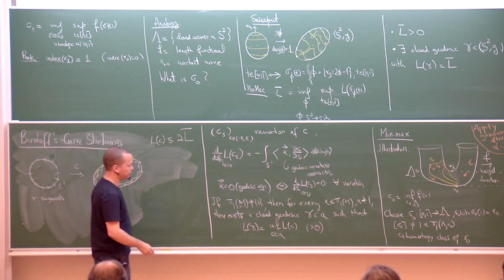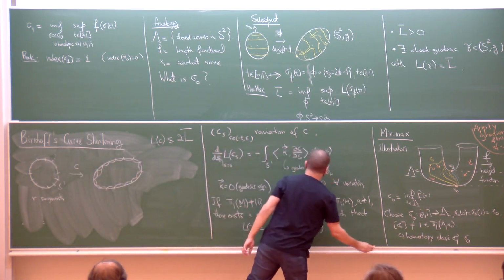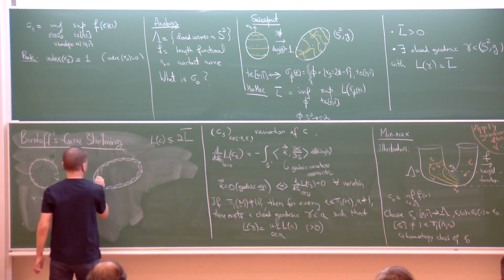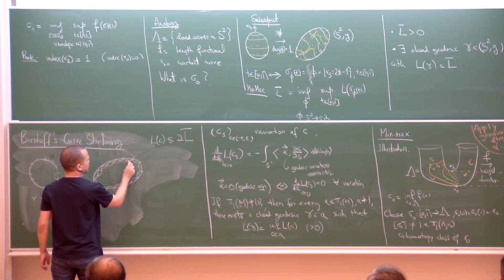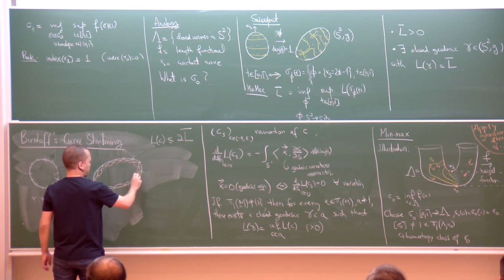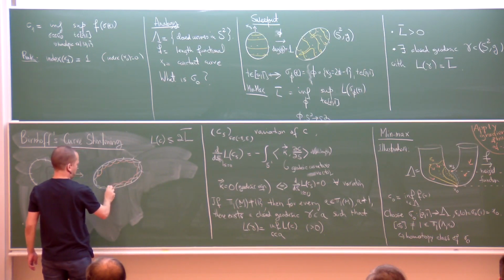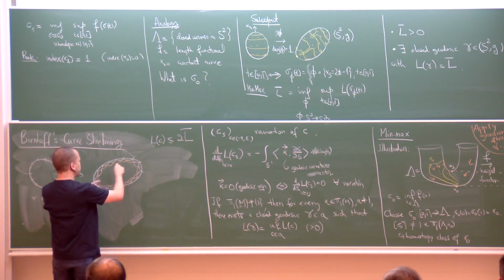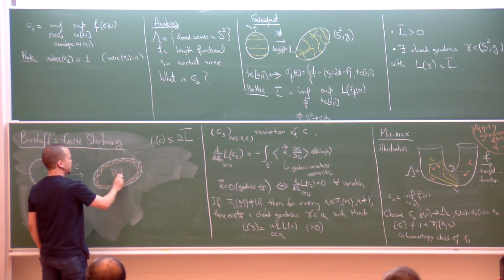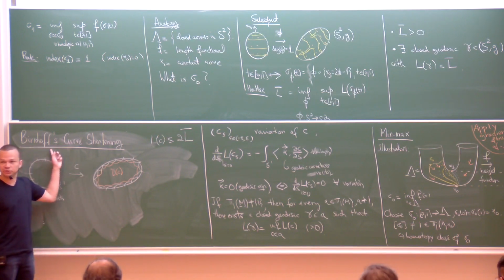Maybe I'll use some color here. And this new curve, I call it D of C. The map D is Birkhoff's curve shortening.